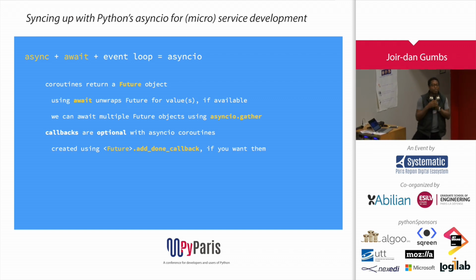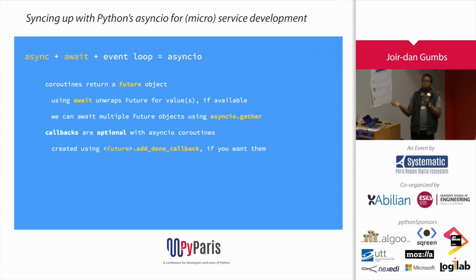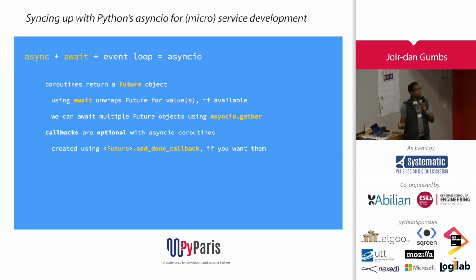To note, I haven't mentioned callbacks yet. They are optional if you're more familiar with the callback style of doing concurrent programming or asynchronous programming. I've got one or two examples, but they're optional, and you can do that using add_done_callback if you want to have them. Some functions will do that for you, so like run_until_complete or run_forever will add a callback that will notify it when it's done, but that's an implementation detail that as a developer you don't really have to worry about.